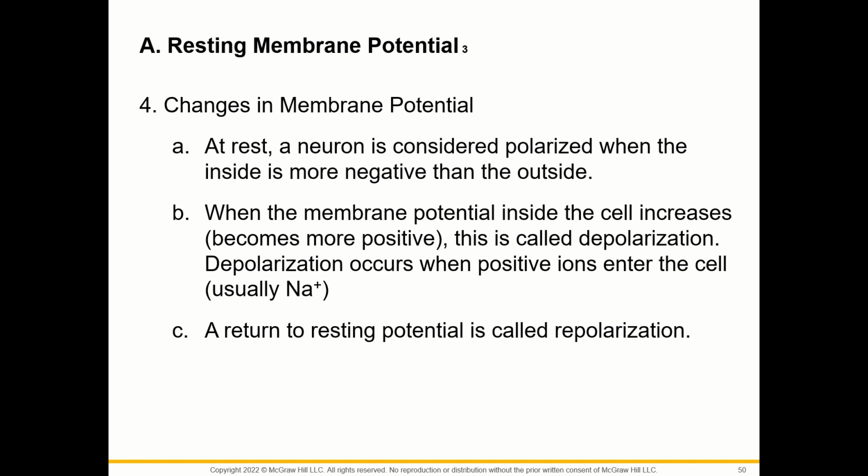So at rest, a neuron is considered polarized when the inside is more negative than the outside. When the membrane potential inside the cell increases, it becomes more positive. This is called depolarization. Depolarization occurs when positive ions enter the cell, usually sodium, and a return to resting potential is called repolarization.